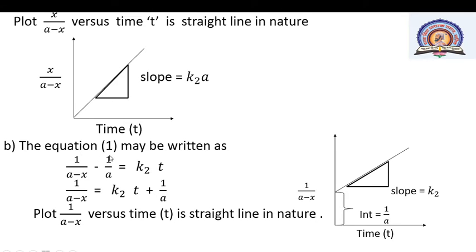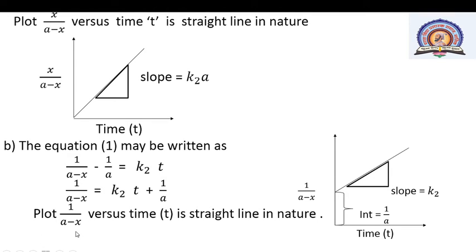Then the second graph: the same equation, equation 1, may be written in this way: 1 upon (a minus x) minus 1 upon a is equal to k2 into t. Then rearrange this equation in this fashion: 1 upon (a minus x) is equal to k2 into t plus 1 upon a.